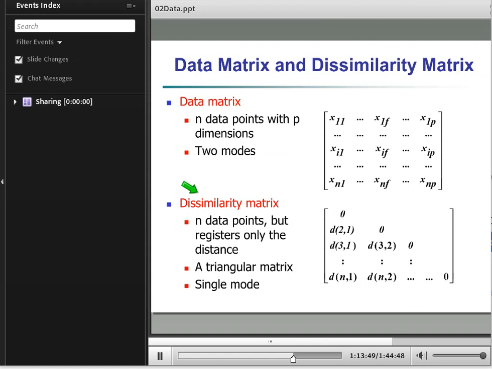I'm trying to find the dissimilarity matrix.